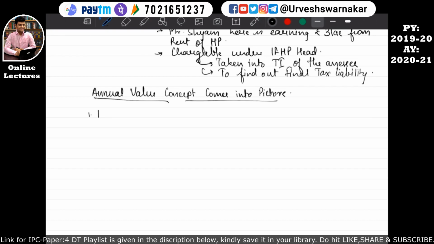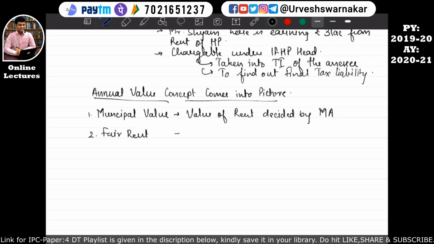So what does municipal value mean? We need to understand it. Municipal value means value of rent decided by municipal authority. MA means municipal authority. Second is fair rent. What does fair rent mean?